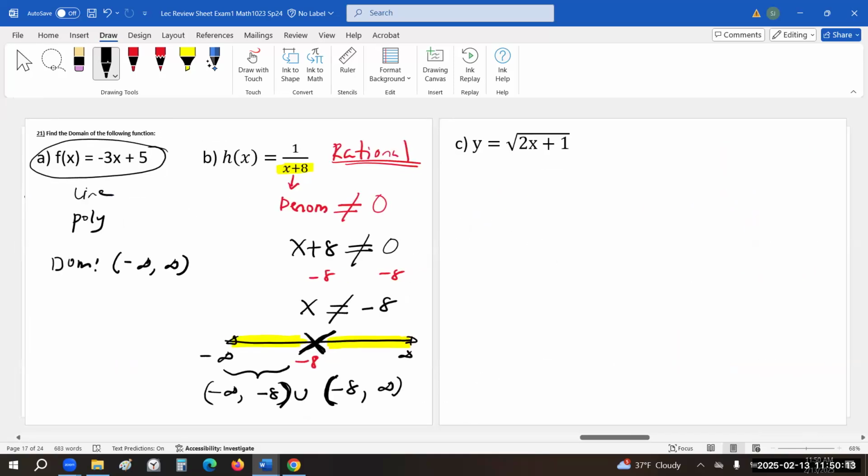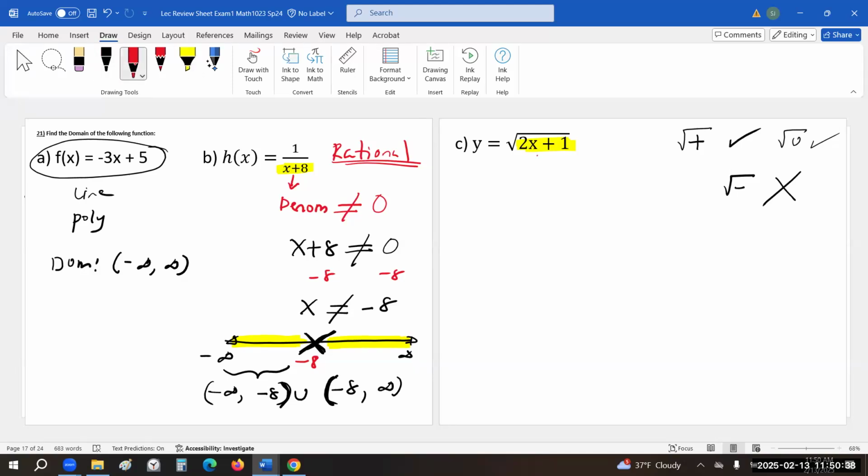Now for an even root, we know the square root of a positive number exists, and the square root of 0 exists. However, the square root of a negative number doesn't exist. So that's why our problem lies inside the root. Whatever we have inside the root cannot be negative.